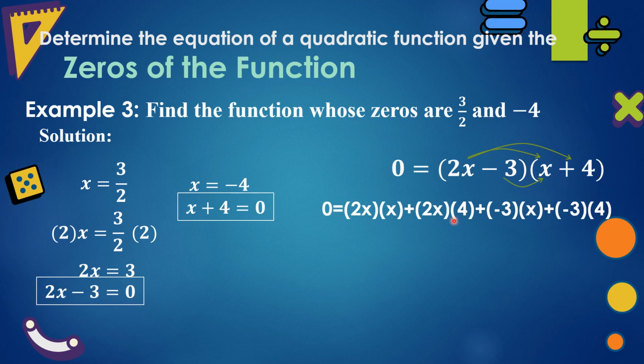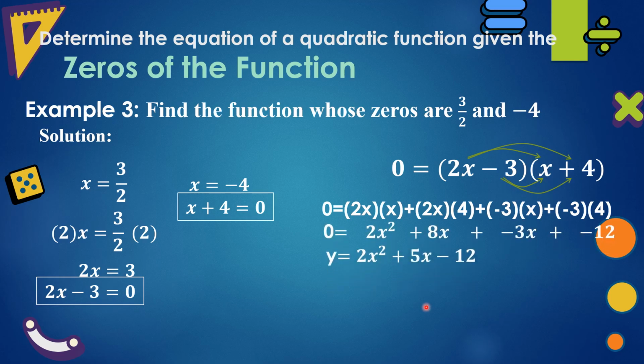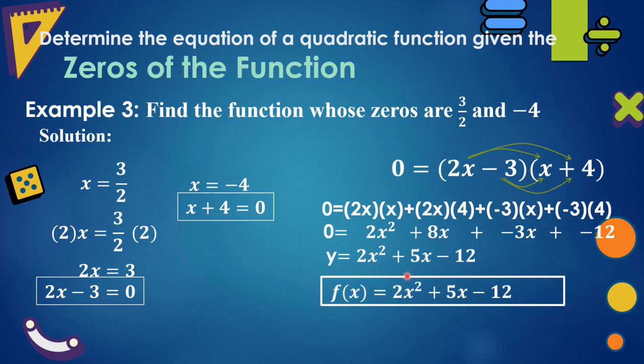Negative 3 times x, negative 3x. And negative 3 times 4, negative 12. Combine like terms, 8x plus negative 3x is 5x. So the function is f of x is equal to 2x squared plus 5x minus 12.